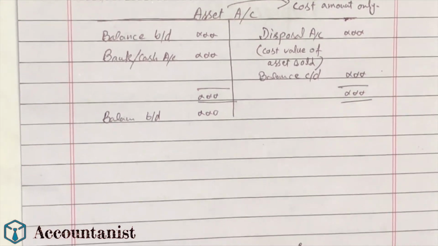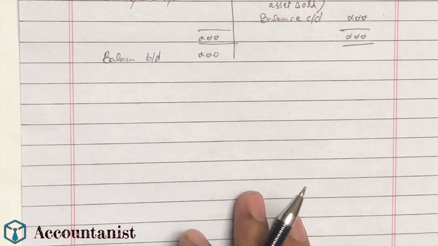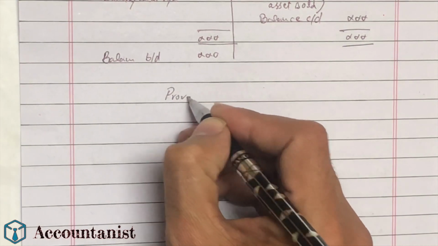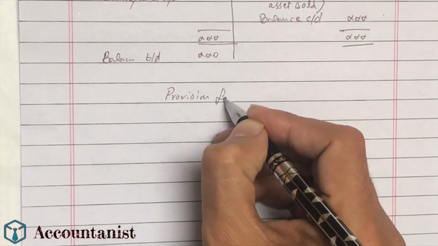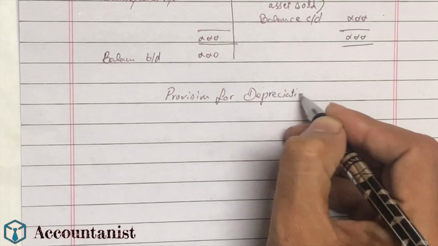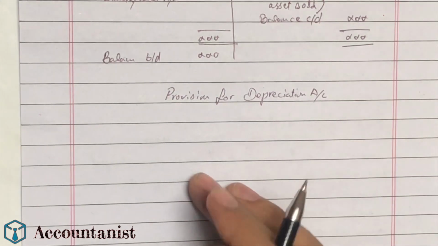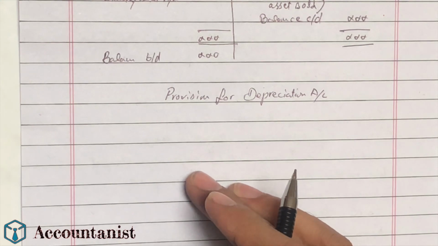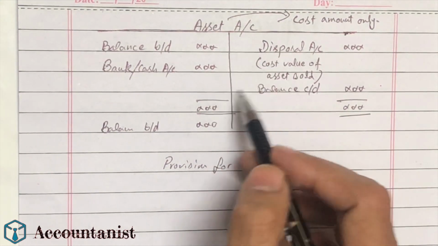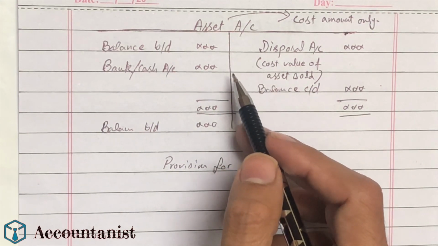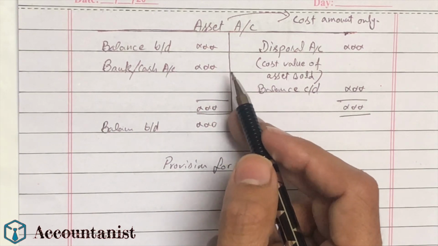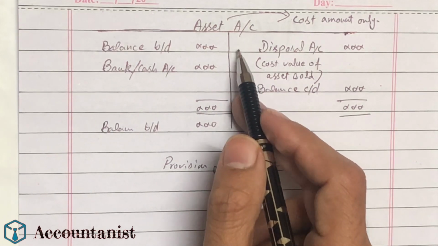The next account that we can have in the question is the provision for depreciation account. If you students have noticed, I did not talk about depreciation in the asset T account, so always remember, we're not going to do any calculations of depreciation while making the asset account.